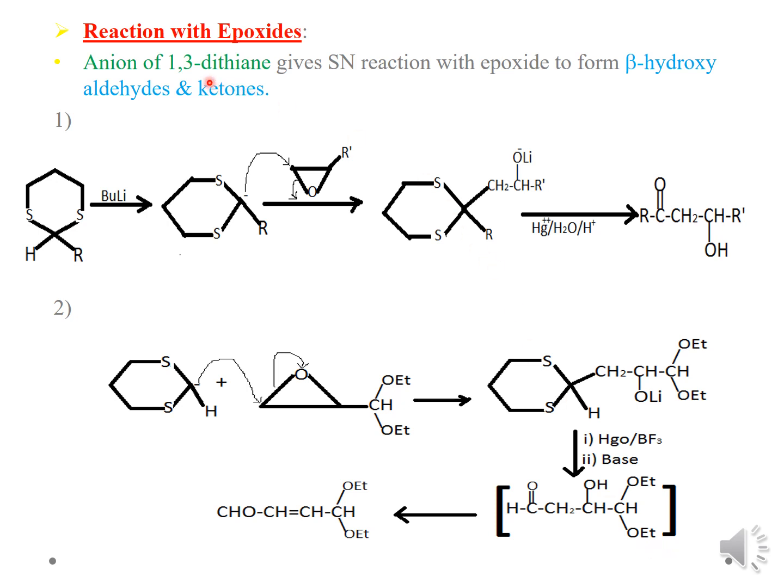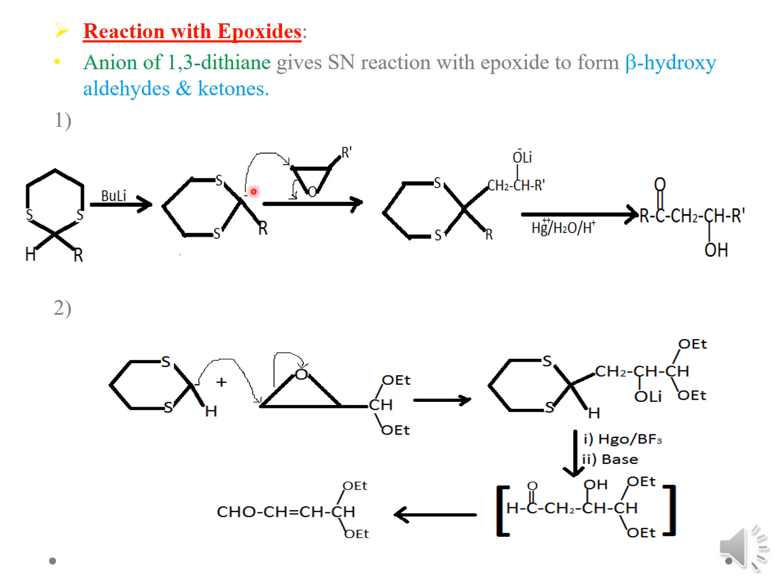Then moving on to the next application, that is the reaction with epoxides. Here you take an epoxide and we show how the reaction takes place. Again you take 1,3-dithiane, and when you treat it with butyl lithium, you generate the anion of 1,3-dithiane.